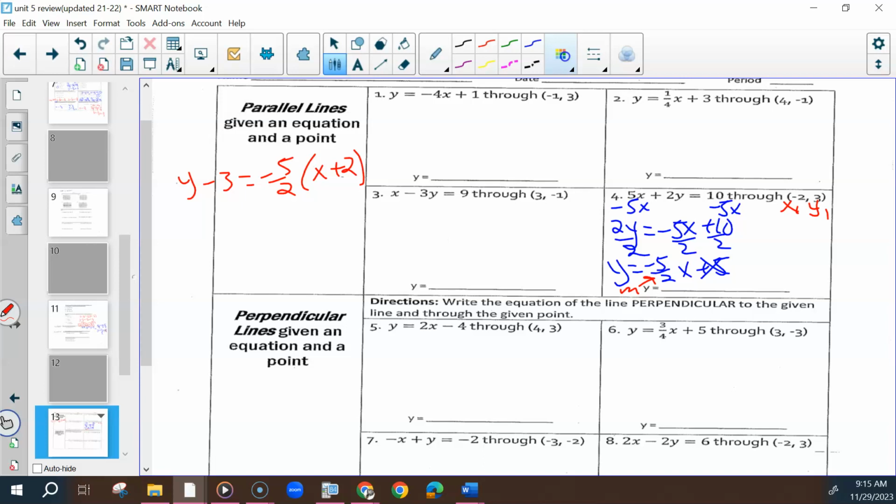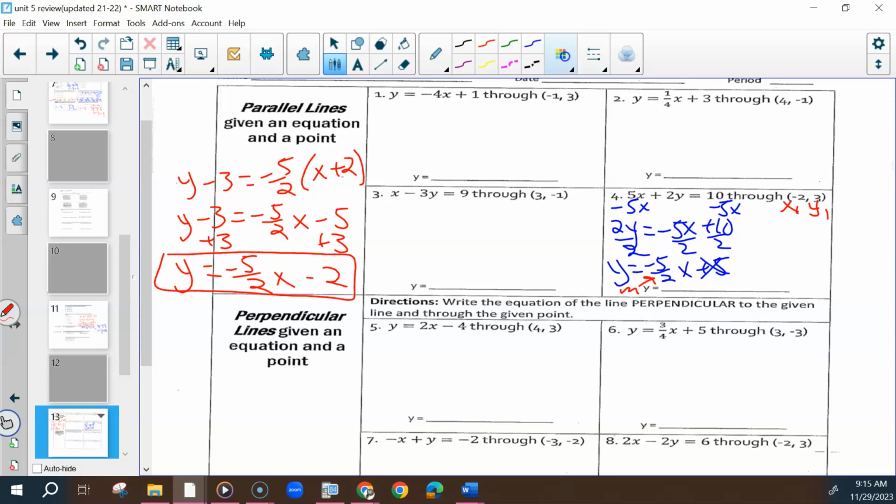Distribute and solve. Our final equation would be y equals negative 5 over 2 x minus 2. It would be parallel to the original, has the same slope, but a different y-intercept.